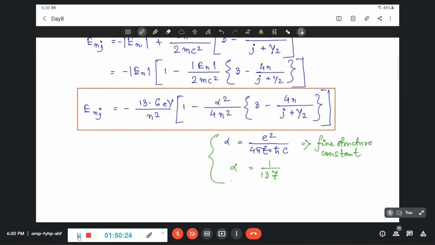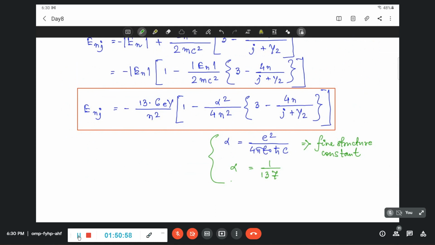So you see our spirit of doing this perturbation theory is correct in the sense that you add more and more to the energy, but the addition is less. This is something very interesting to note, because if you put all these values for j, l and m, you will find that on top of that unperturbed state you are adding a very small amount of energy. But this is important, because the experimental hydrogen atomic spectra depend on this expression.